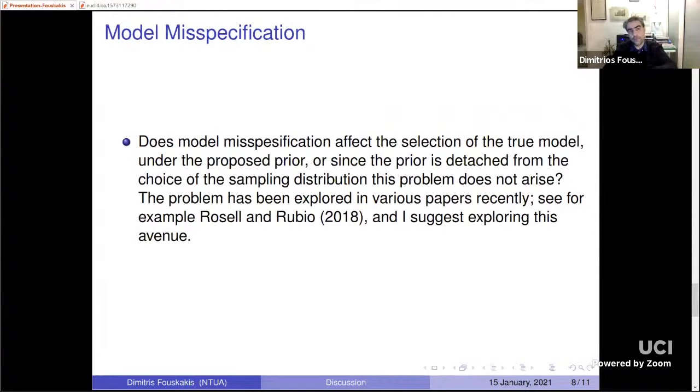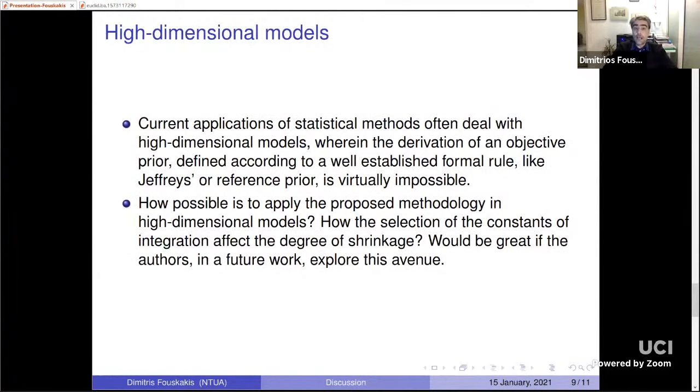And finally, I mentioned it before, current applications of statistical models and methods often deal with high-dimensional models, especially nowadays. And we all know that the derivation of an objective prior is virtually impossible in such setups.